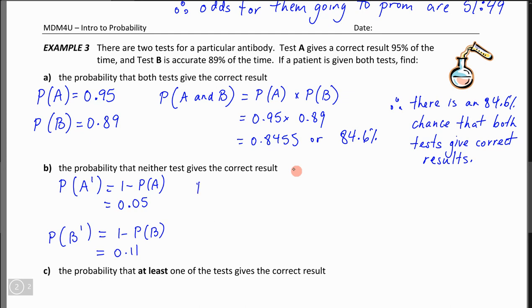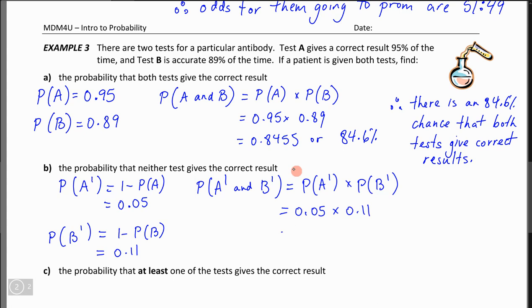So the probability of A not giving the correct result and B not giving the correct result, of the two complementary events, is going to equal the probability of the complement of A times the probability of the complement of B. Okay, so 0.05 times 0.11, and that's 0.0055, a very small number, which is 0.55%.